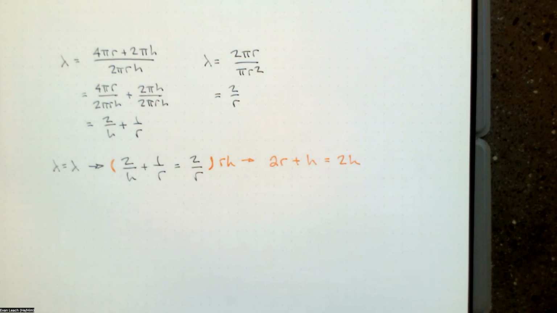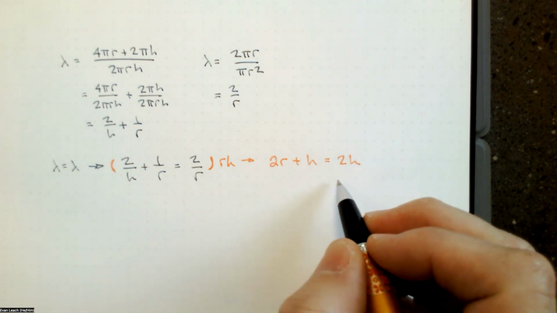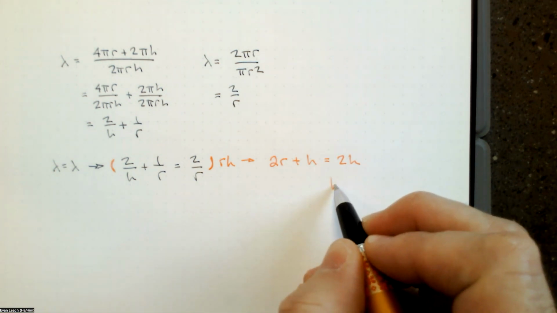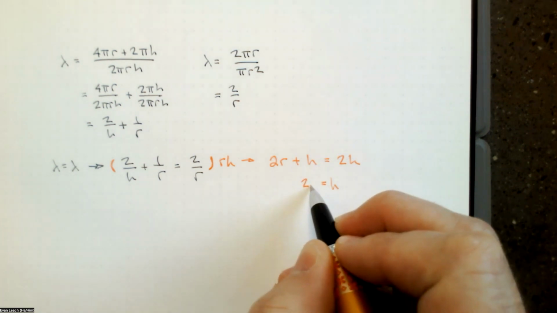At this point, we should be worried about r and h being 0, but that's not going to be the case, because if either one of those is 0, then our volume is 0, and that is not possible. So we are okay multiplying by rh. We know that we're not multiplying by 0. So what this means is that h is just equal to 2 times r.